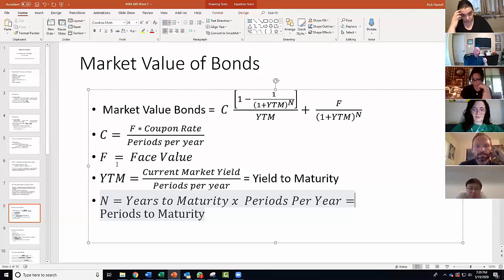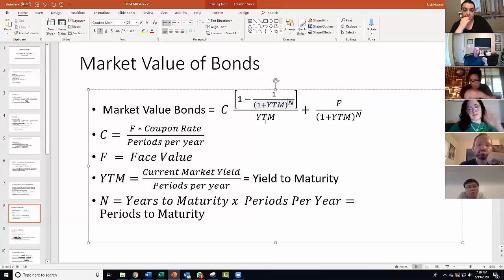So notice that I'm expressing C as a periodic value, I'm expressing YTM as a periodic value, and I'm expressing N as a periodic value. We have to express these three variables in the same periodic perspective. If this is semiannual, this must be semiannual, and this must be semiannual.